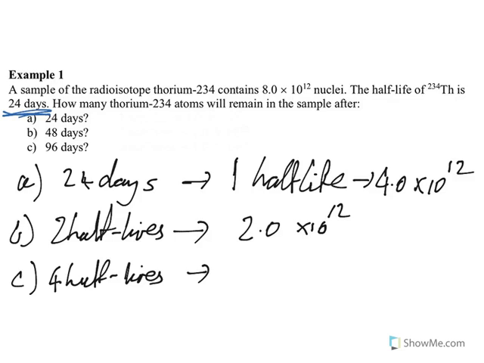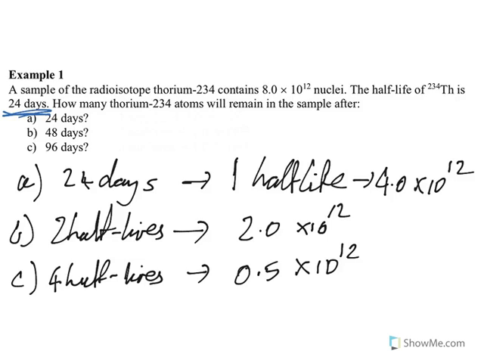After another half-life that halves to 1, and then after a 4th half-life, halves to 0.5 by 10 to the 12 nuclei. Alright, and I just noticed in the notes that I made a mistake on that one, so see if you can pick out that mistake that I've made.